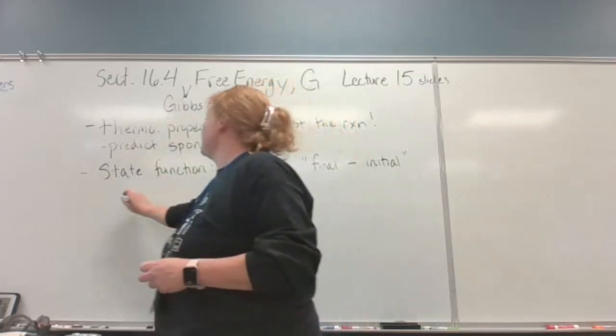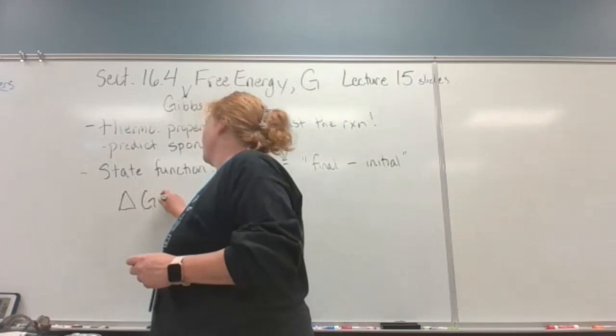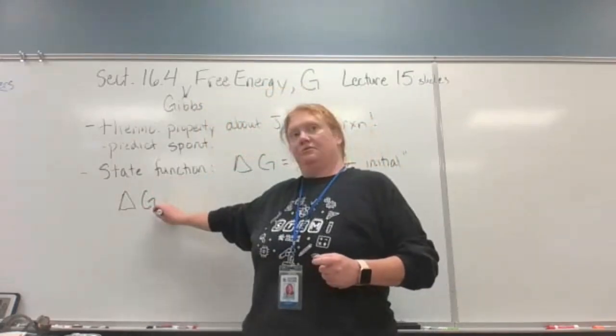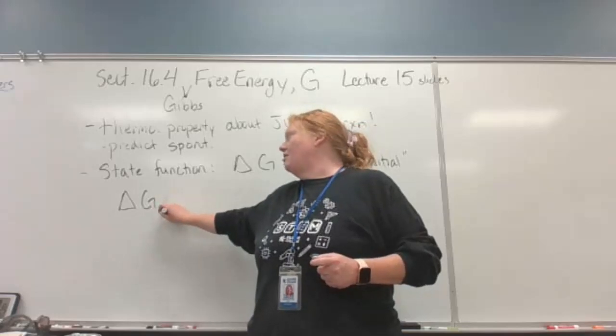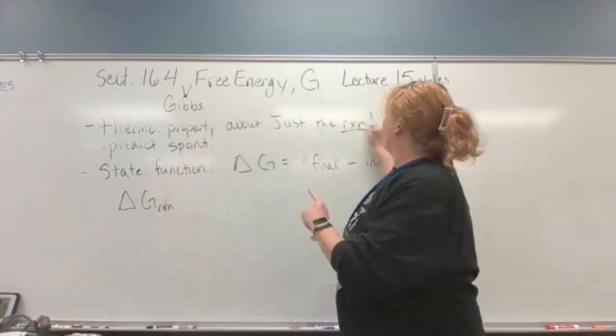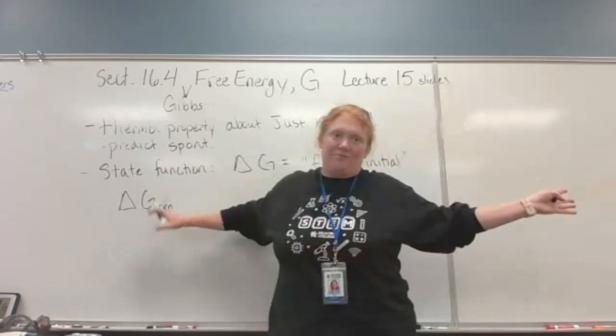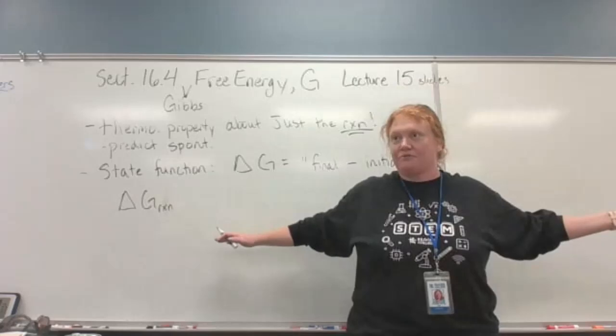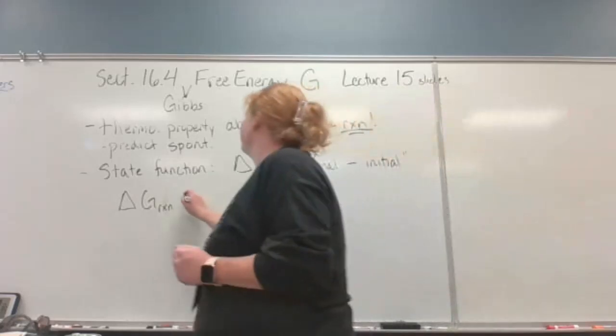Okay. So this is the first free energy equation that we're going to have today. Delta G. Again, what is this of? Okay, so I'm going to just not write a lot of times the reaction there. Because is it always for the reaction? Correct. Okay.